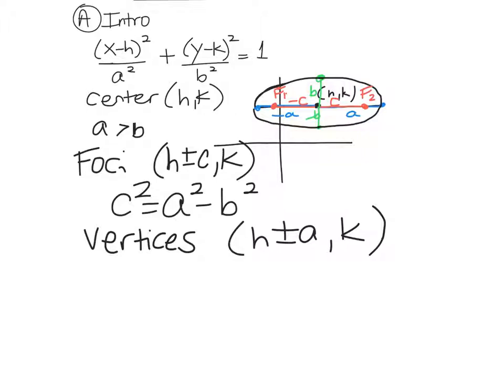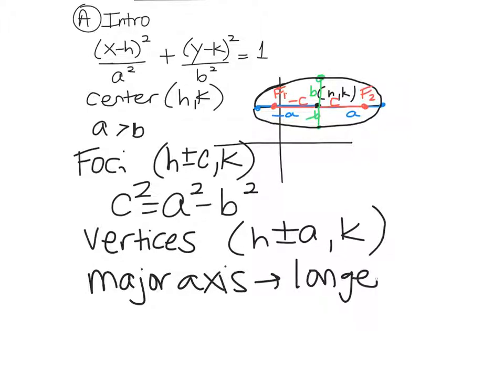All right. Then you also have something called the major axis. The major axis is the longer axis. It's major. And in this case, the major axis is 2a. The length of it is 2a. a that way, that makes a total length of 2a.